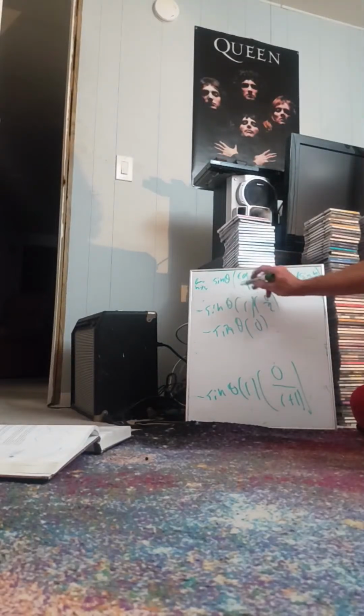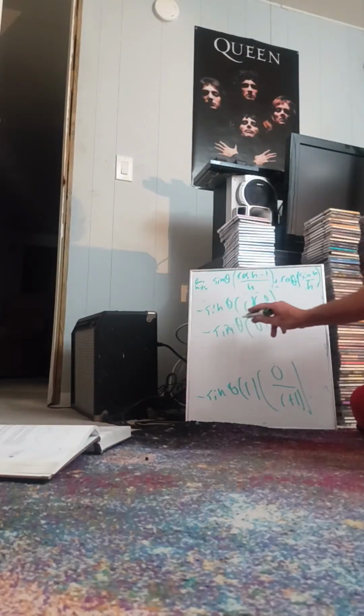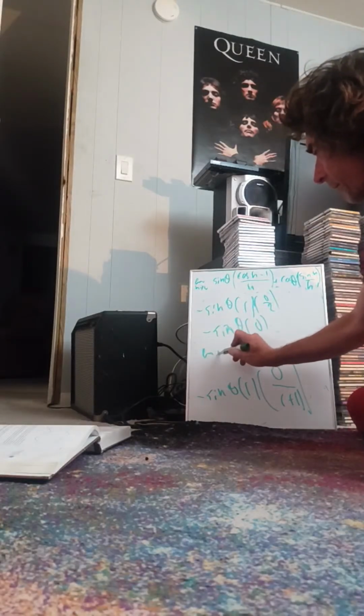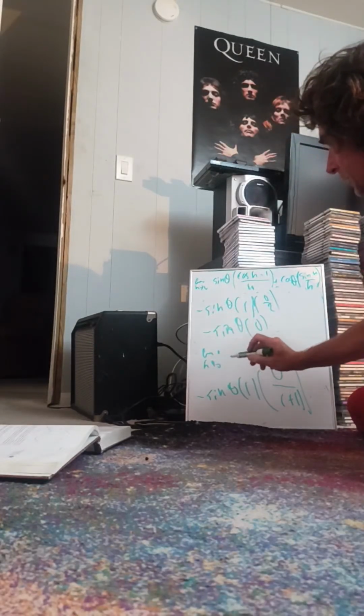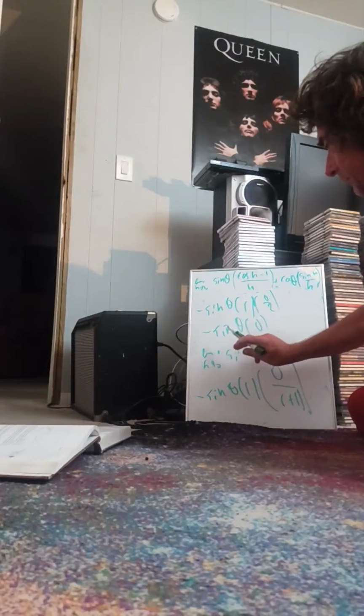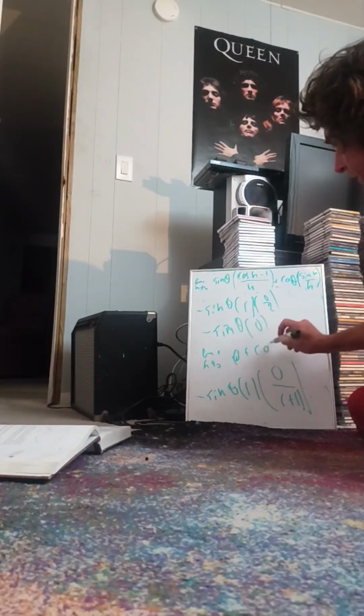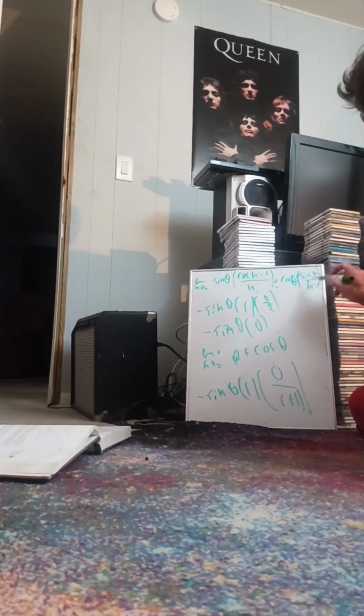So this whole thing becomes 0. So we have the limit as h approaches 0 of sine theta times 0 plus cosine theta times this, which is 1.